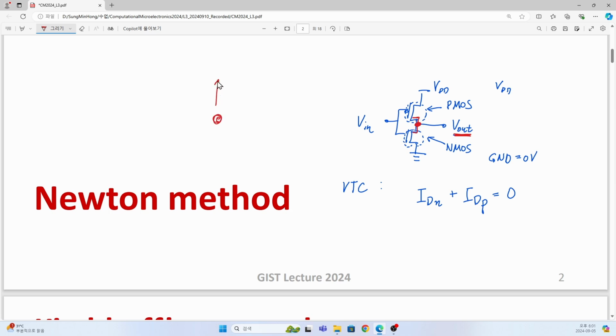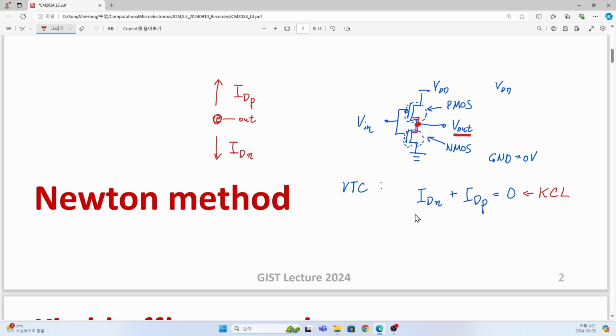This is the predefined direction of our P MOSFET drain current, and this is the predefined direction of our N MOSFET drain current. Both of them are escaping from our out node. So the sum of these two currents should vanish, and this is nothing but Kirchhoff's current law. We must obey this simple relation.